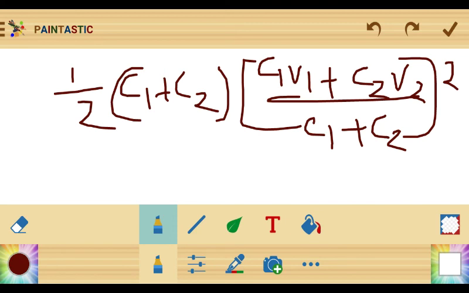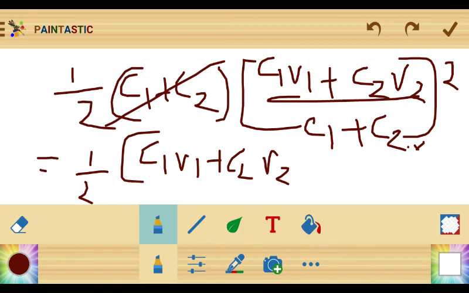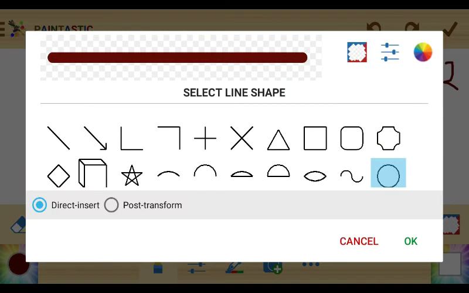As it is the whole square bracket, one term from the top will cancel out with the one from the bottom. So what is left is half C1 V1 plus C2 V2 whole square upon C1 plus C2.